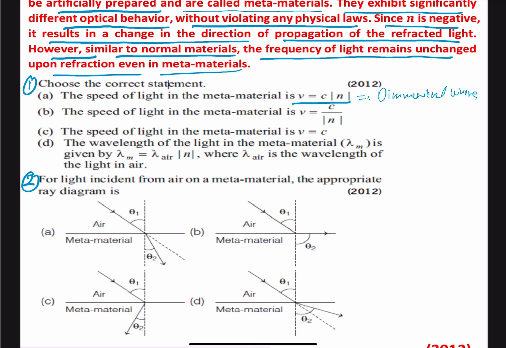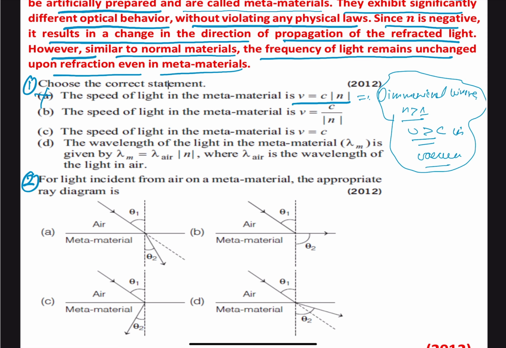Also, if the value of n is greater than 1, then our V, that is the speed, is greater than the speed of light in vacuum. So this is also incorrect, and this option cannot be true.